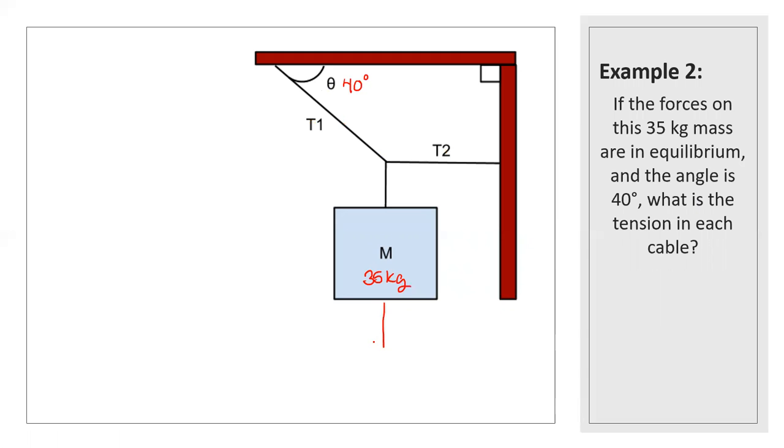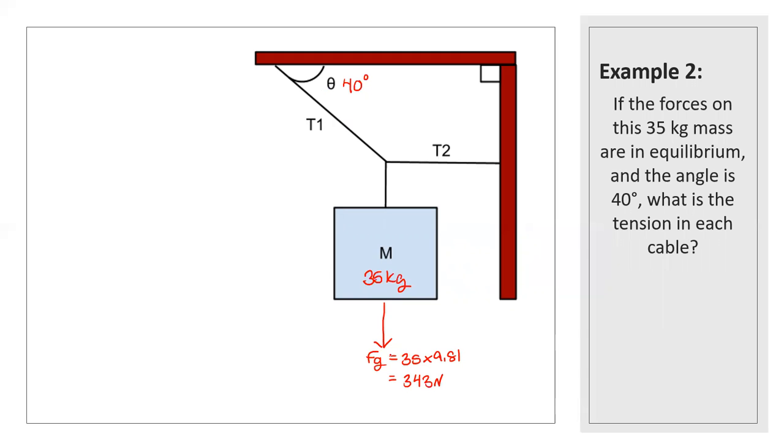The key to solving this is to think about what equilibrium means. It's not moving, it's stationary, so all of our forces are balanced. The first thing we do is find the force of gravity, which is 35 times 9.81. 35 kg times 9.81 meters per second squared leaves us with 343 newtons.